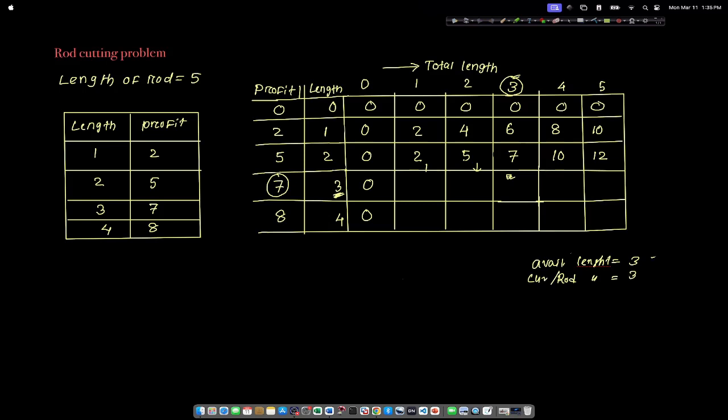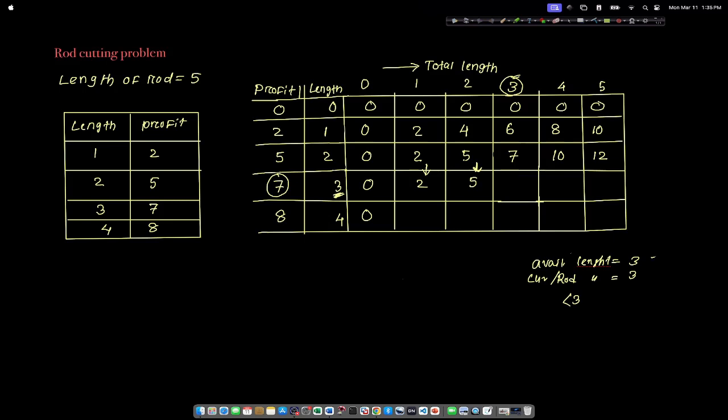And for the rest of the cells of length less than 3, we will copy the content directly from the upper row, 2 and 5. We need not compute those, and we need to perform the computation for this cell.